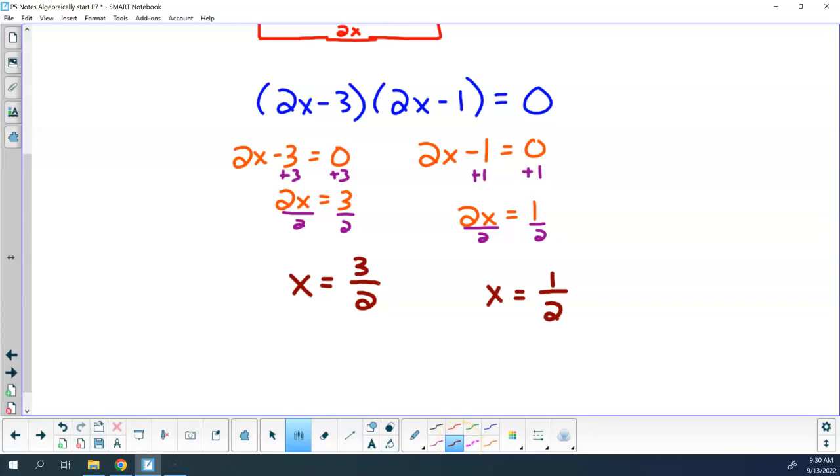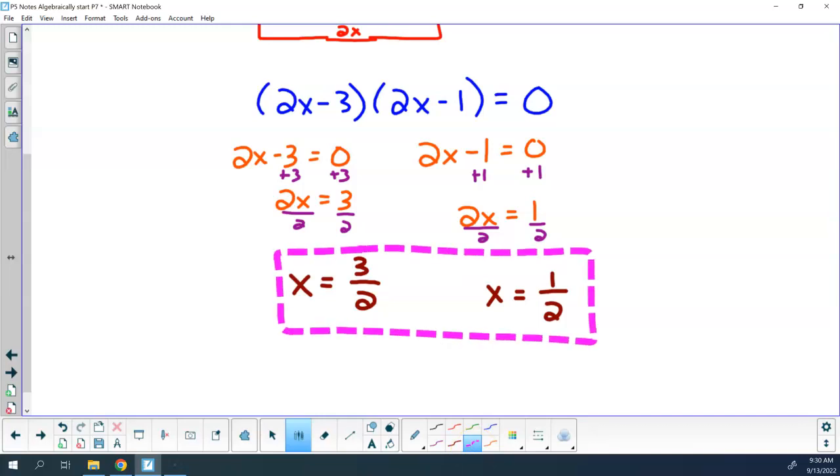And I get x equals 1 half. Those two combined are my solutions. The nice thing about quadratics is you're always going to get 2 solutions, because the degree is 2. The biggest exponent is 2. Questions, comments, concerns, clarifications?